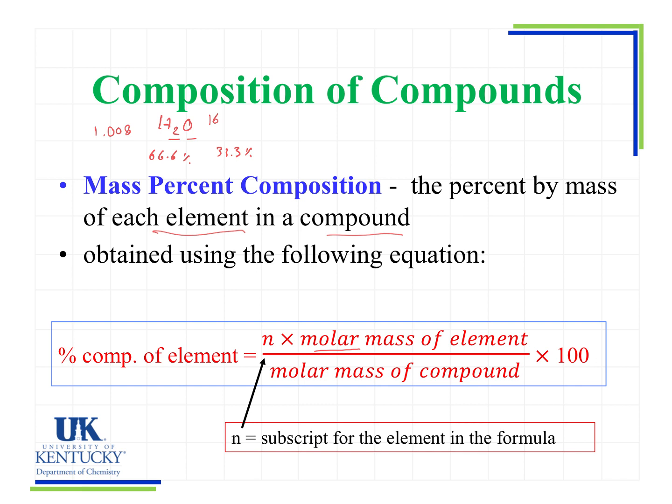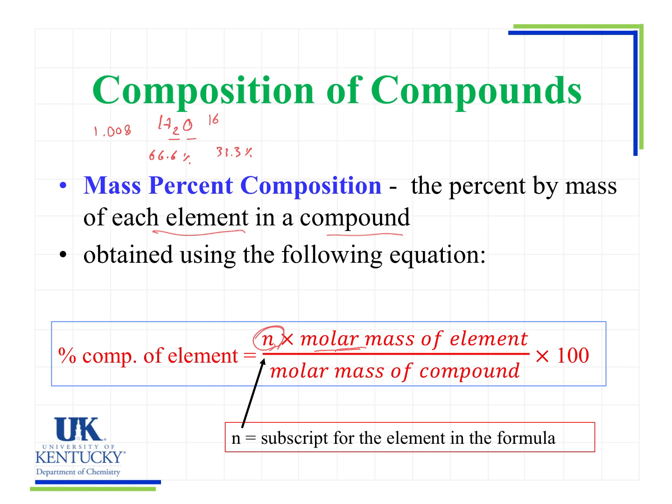So that's the mass of that element, but sometimes you have more than one of that element in a compound. So you have to multiply by the number of that element in the compound: the number of that element times the molar mass of that element, divided by the molar mass of the whole compound, okay?